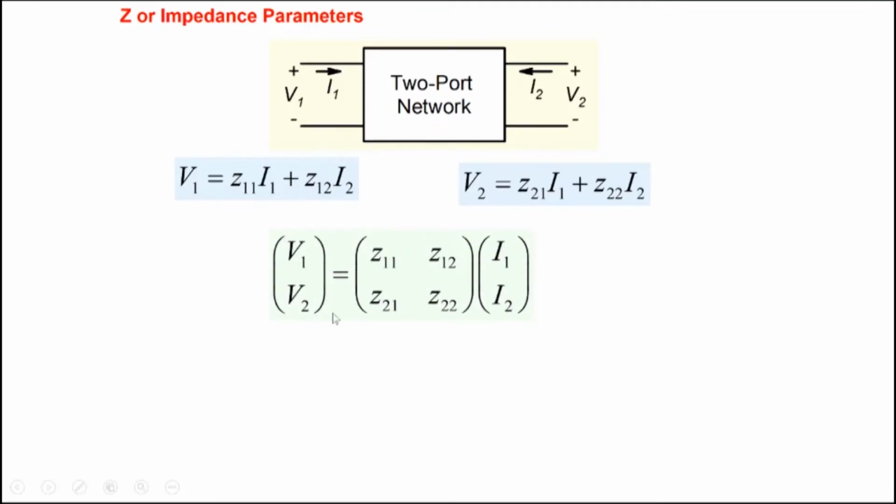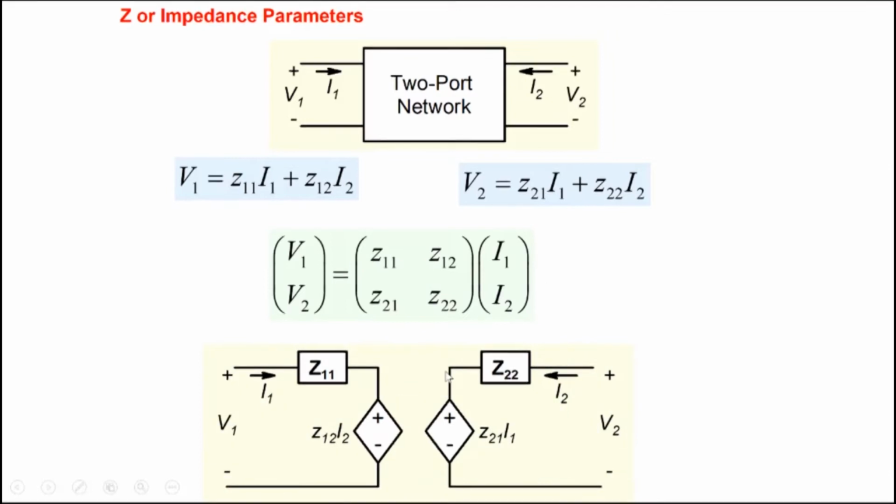And we can represent them in a matrix form: V1, V2, then Z11, Z12, Z21, Z22. So what we are saying is this 2-port network can be represented by these 2 equations, which are sort of obvious from the fact that we are taking them as a linear network. And if I1 and I2 are 2 independent variables, then V1 would depend on them in this particular manner here. Now these 2 equations can be represented in a circuit form.